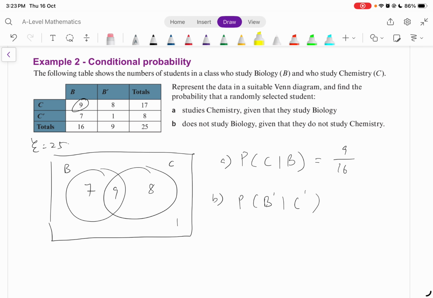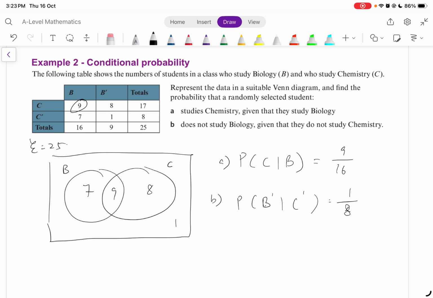So 我们 total of the condition for not C 就这一边啦. So what is the total? That will be 8. So who is not studying both? There will be only one student, maybe studying physics. Okay, so that's basically the hint.